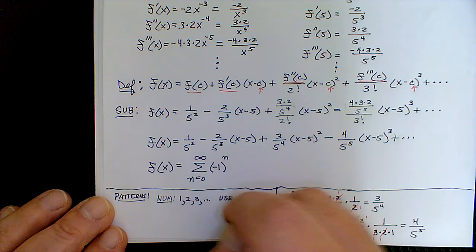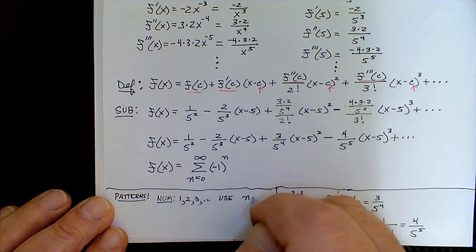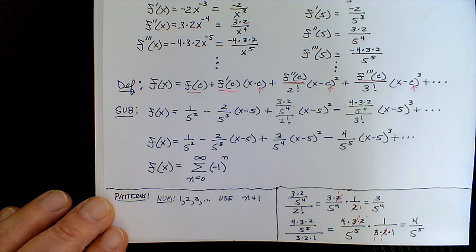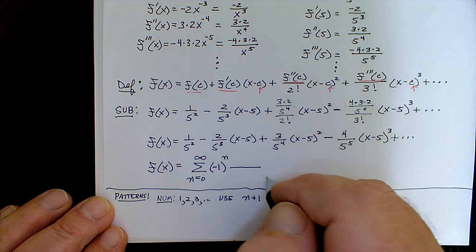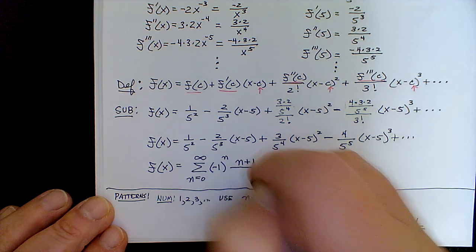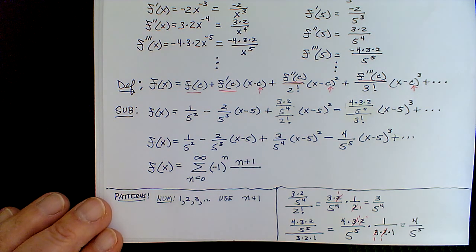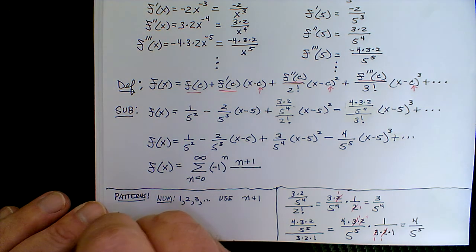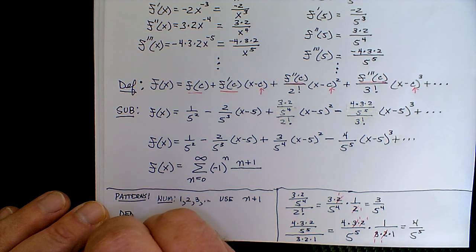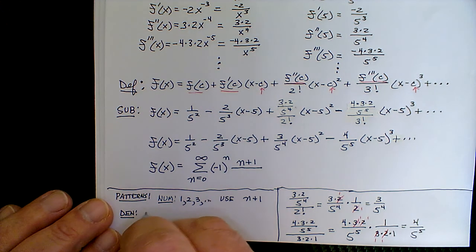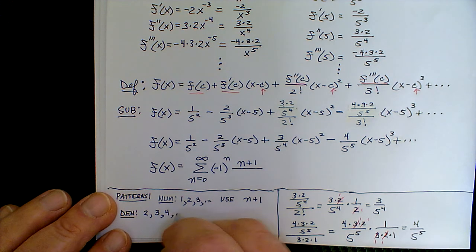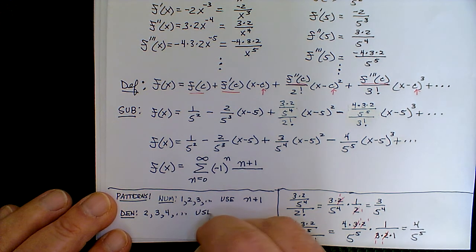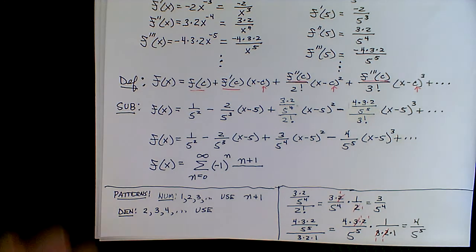So when we have 1, 2, 3, that's a shift by 1 unit, so n plus 1. So I'm going to write it as a fraction, and we'll have n plus 1 in the numerator. And then let's say the factorial in the denominator follows the pattern of 2, 3, 4, and so on. Okay, now that's a shift by 2 units.